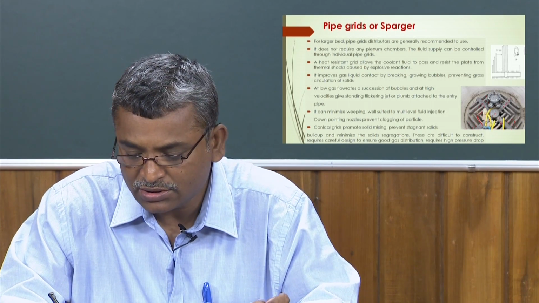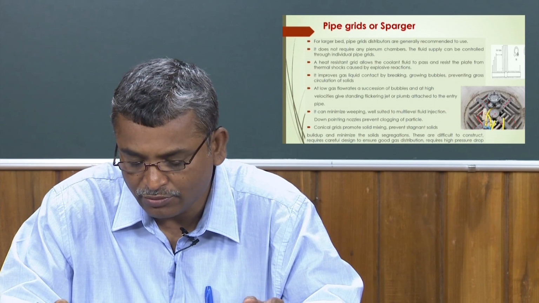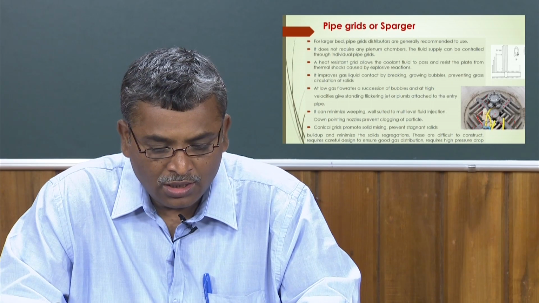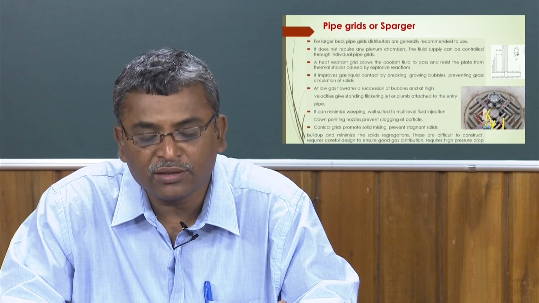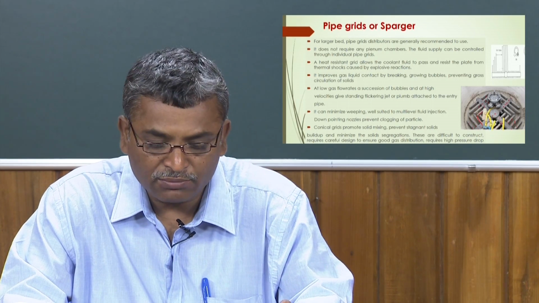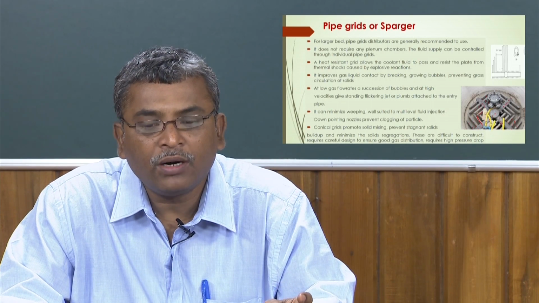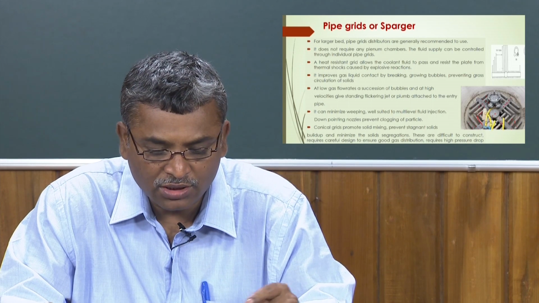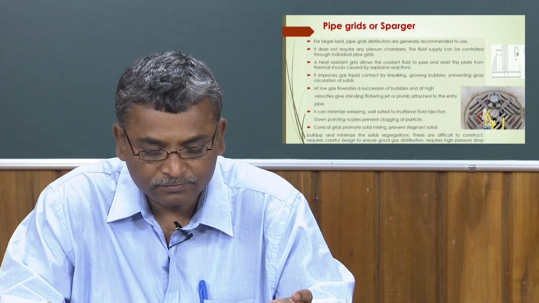So, in this case gas or liquid will be supplied through individual pipe grids. A heat resistant grid, of course, you can design, through which this gas distribution will be there. It sometimes allows the coolant fluid to pass and protect the plate from thermal shocks caused by explosive reactions.